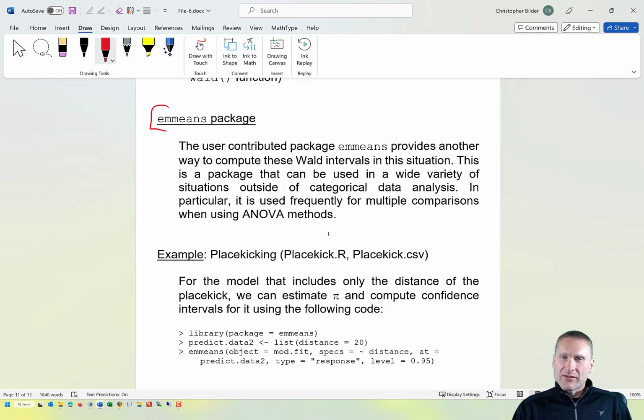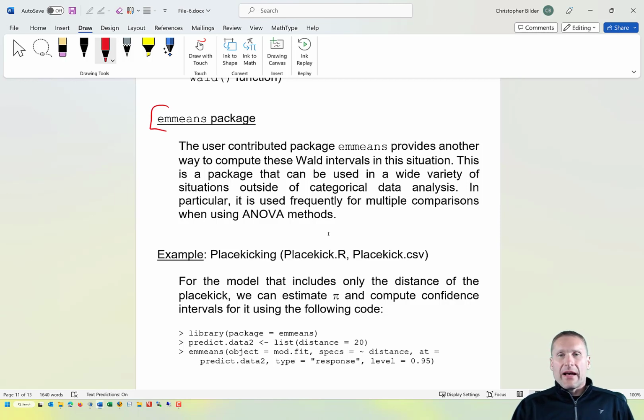Well, I told you there can be problems with the computations with it. Also, because of this transformation that we're making with the wald interval, the exponential function divided by 1 plus the exponential function, that actually helps that wald interval perform fairly well. And so lots of people still end up using the wald interval for that reason.